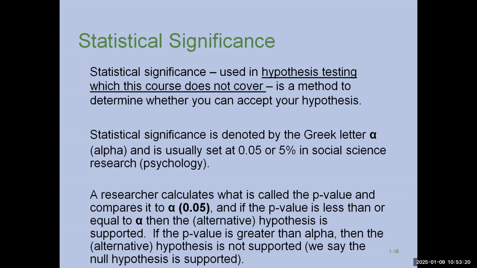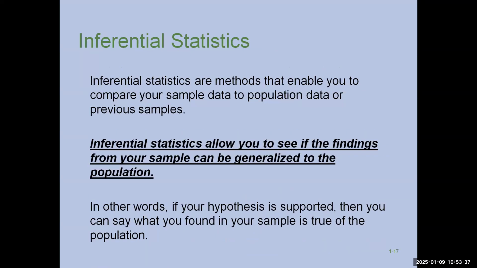So when you prove your hypothesis, we always look at p-values less than 0.05. That is the statistical significance or inference that we draw from hypothesis. Based on statistical inferences, we also test our hypothesis. That is what we call inferential statistics.